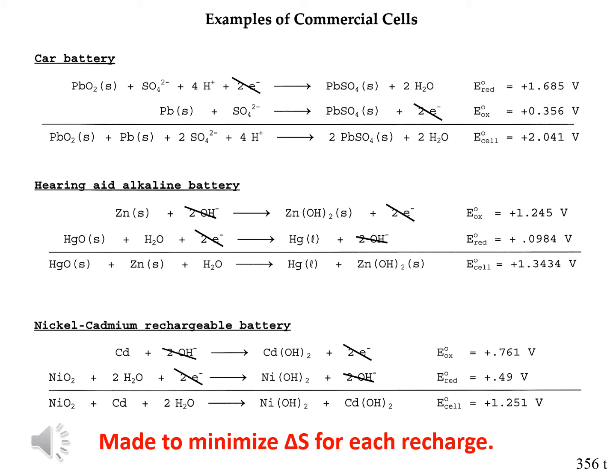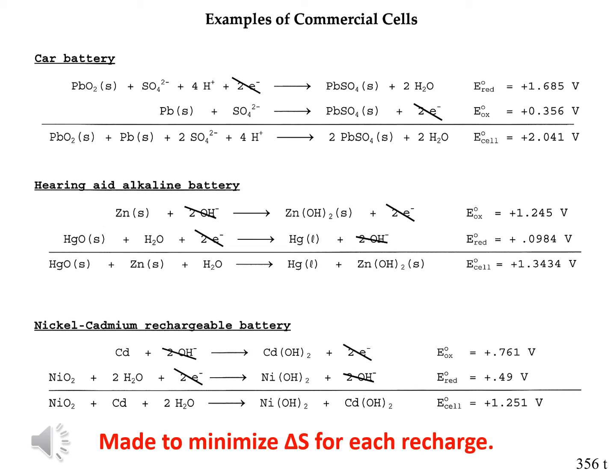And the thing about a rechargeable battery is they have to be made so that they minimize the entropy increase after each recharge. See, when a battery operates, every time a spontaneous process occurs, the entropy or disorder of the battery increases. That's what the second law of thermodynamics says.